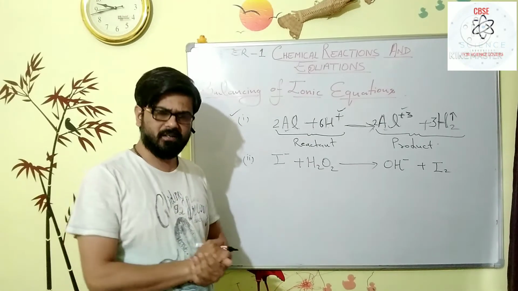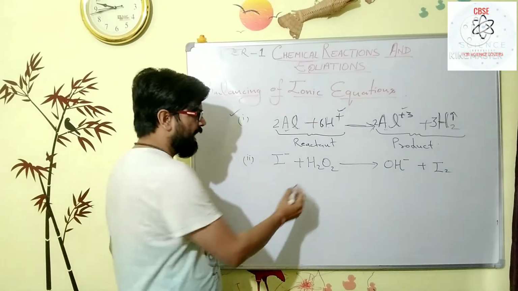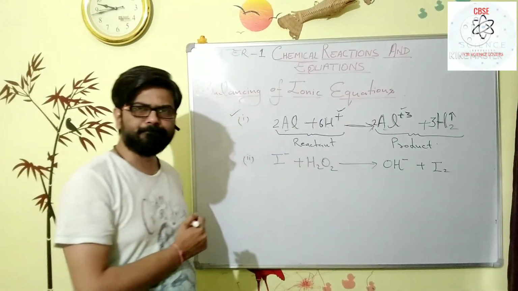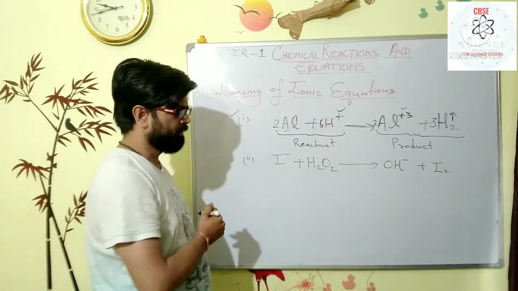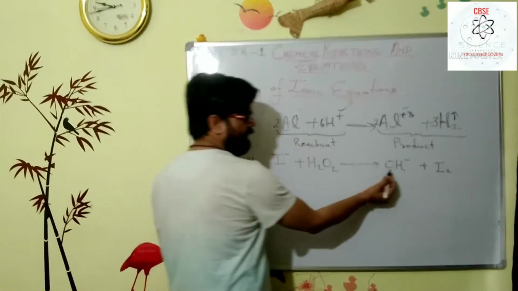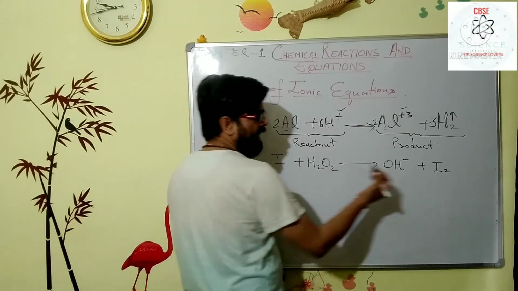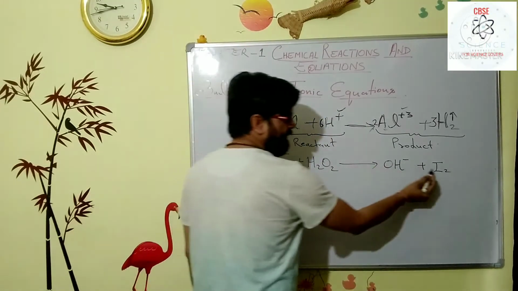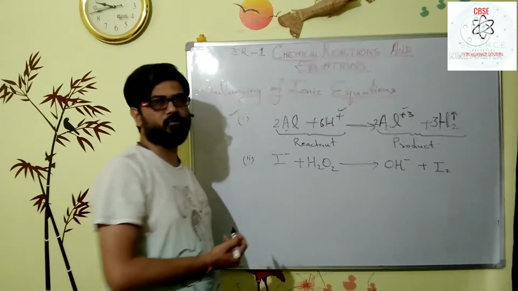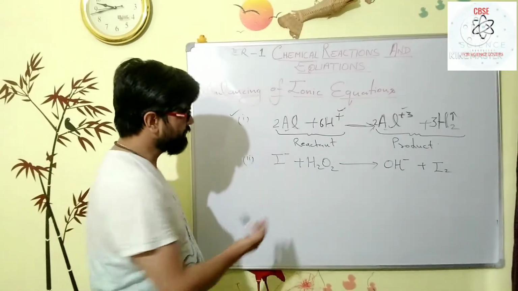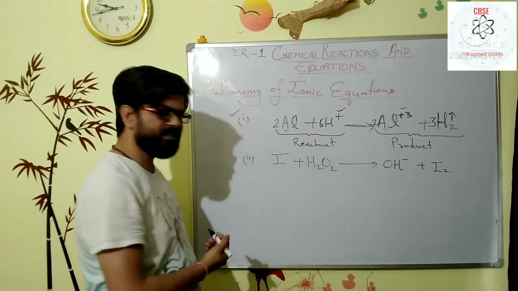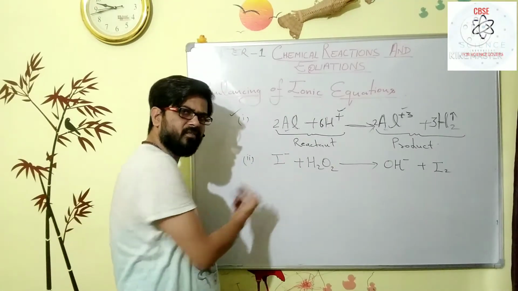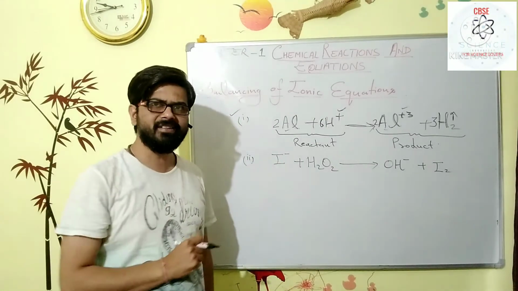Let's see another example. Hydrogen peroxide reacts with the iodide ion. What happened? Hydroxide ion is released and iodide ion is oxidised to form iodine. So my dear students, the skeletal form of this equation is in front of you, and we have to balance it.